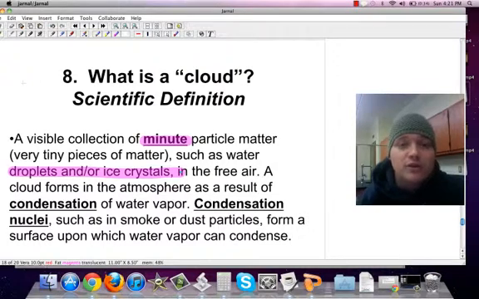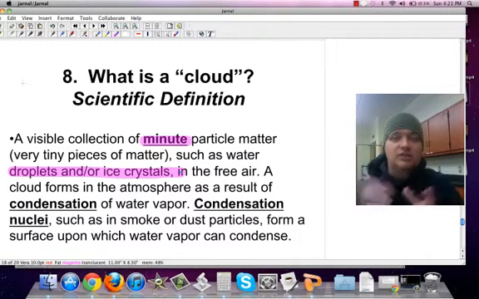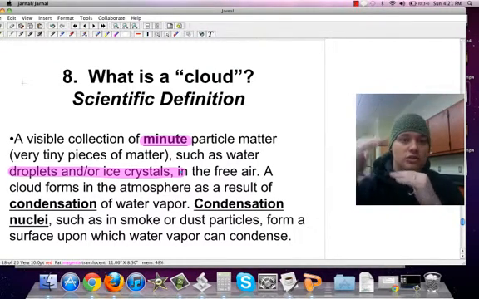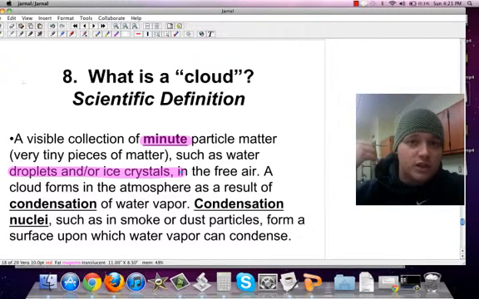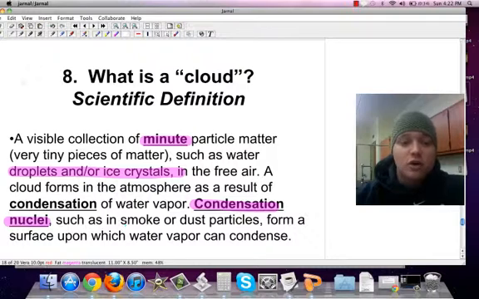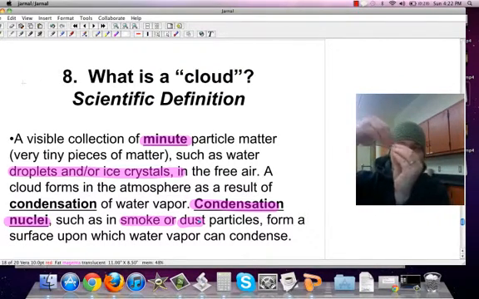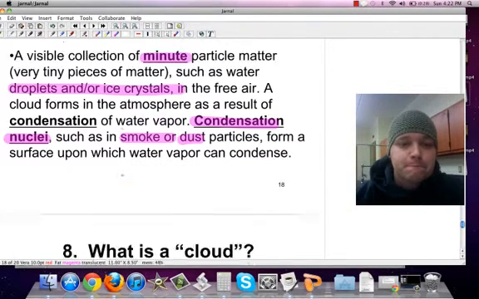The cloud forms in the atmosphere because of condensation, where you actually take the air that's surrounding us, and you cause the temperature to cool to what we've referred to as the dew point, the temperature at which the air will start to condense and moisture will start to form. The condensation nuclei, as you've seen and heard examples of, such as smoke or dust particles, are what the moisture can grab onto to form the clouds which we physically see in our sky.